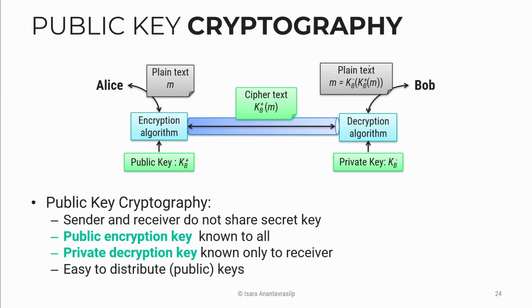This public key crypto changed the entire world because it solved the biggest problem of cryptography by not worrying about key distribution anymore. You can just advertise your public key anyhow you like.